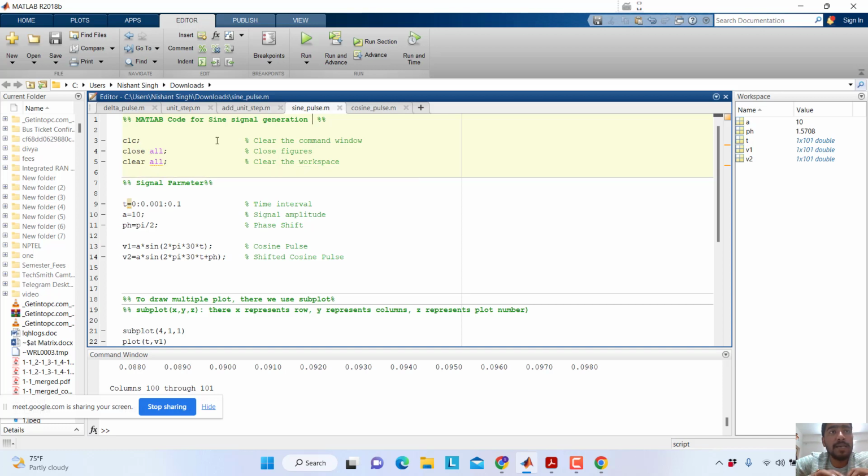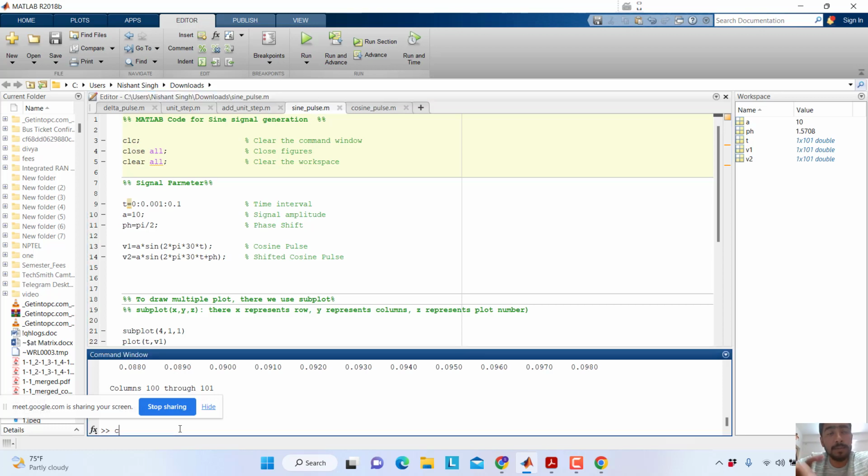As you see there, we have an editor, workspace, and command window. We use the clc function to clear the command window. Here we have lots of terms in the command window. If you want to clear it, just type clc. So clc clears your command window.